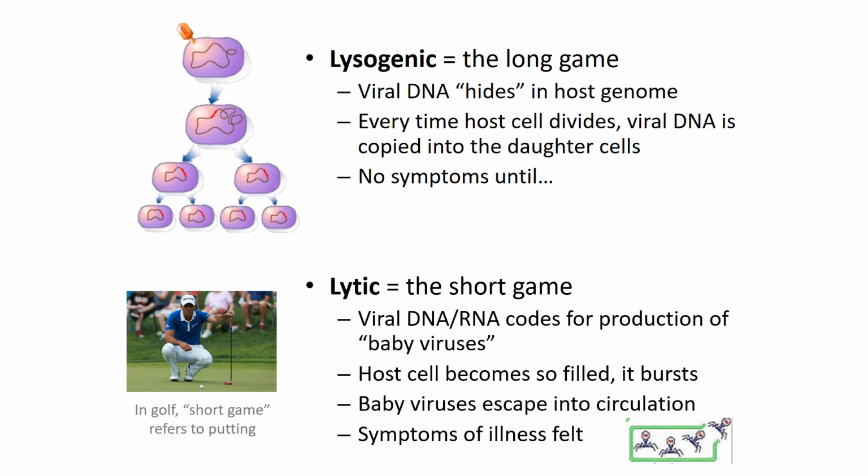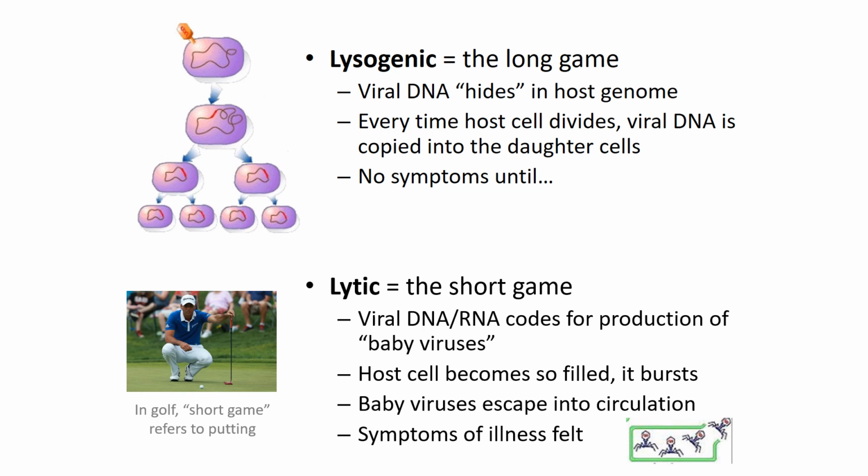So all viruses have a lytic phase. This is when your immune system can find them and attack them. But sneaky viruses that can go lysogenic are hiding in your genome and they're not causing any alterations that might inspire your immune system to attack those infected cells.